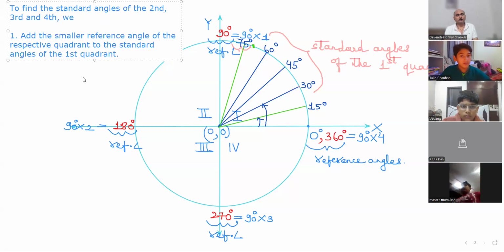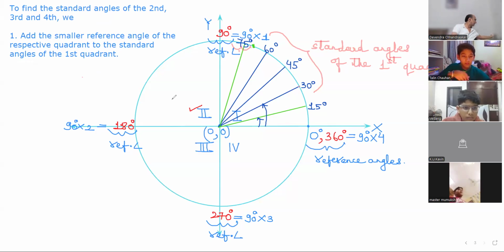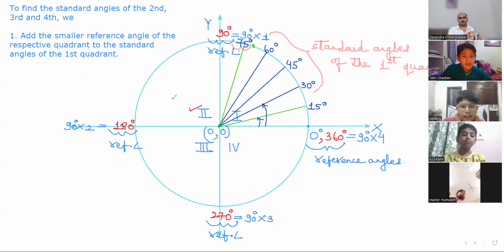So how do we do that? Let me give you an example, please pay attention. If I say second quadrant, we want to find the standard angles of the second quadrant. Tell me, what are the reference angles of the second quadrant? 90 and 180 degrees. Very good. So which is the smaller reference angle? 90 degrees.